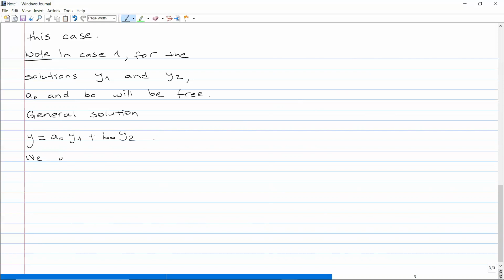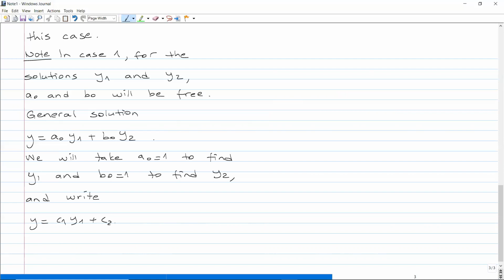We will take a0 to be 1 to find y1, and b0 to be 1 to find y2, and write the general solution as c1 y1 plus c2 y2.